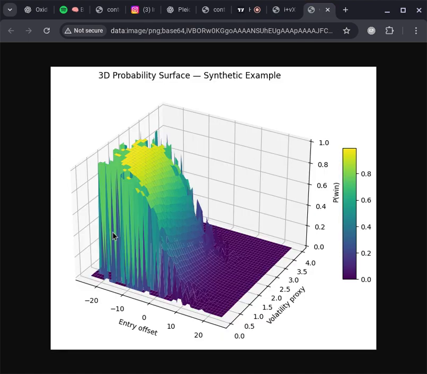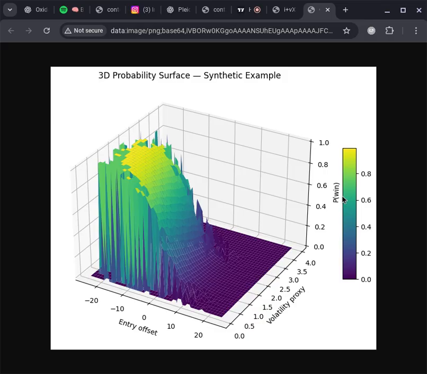The 3D surface shows how the probability of profitable trades changes with the entry offset on the x-axis and short-term volatility on the y-axis. The height and color are representative of the probability of success of trades. A higher surface means higher probability, and entering below the open, especially when volatility is moderate, creates a clear region of higher probability, illustrating that measurable intraday edge.